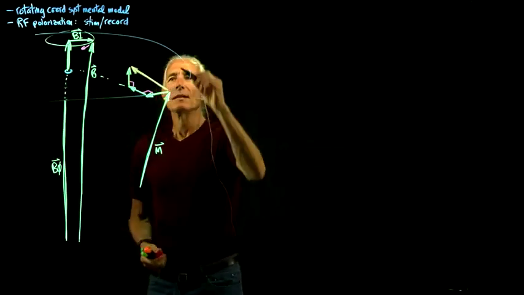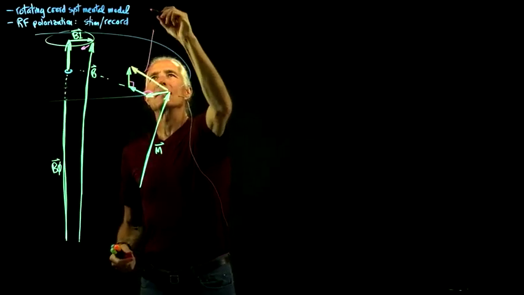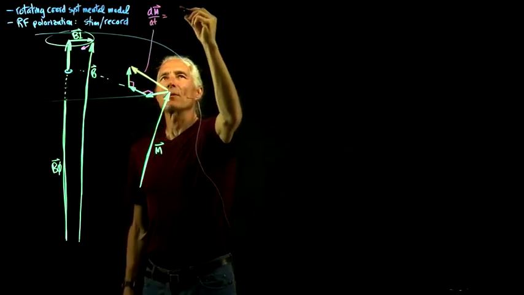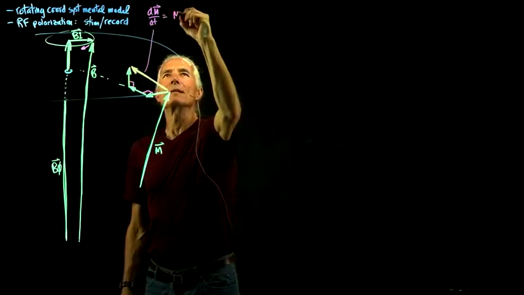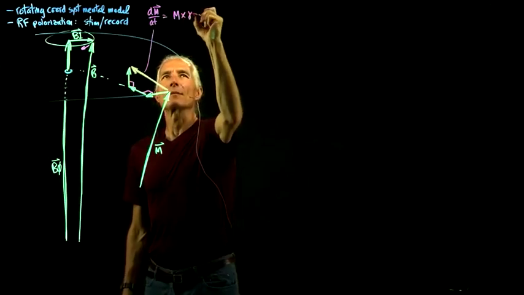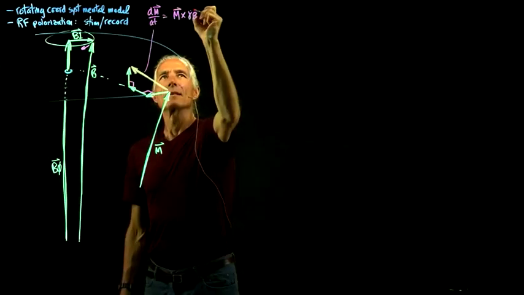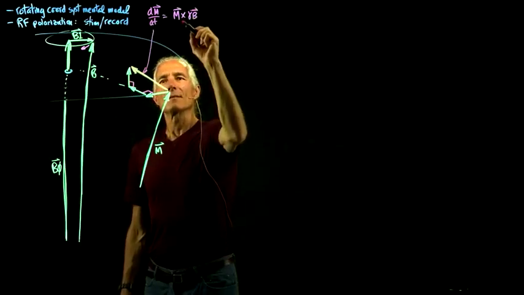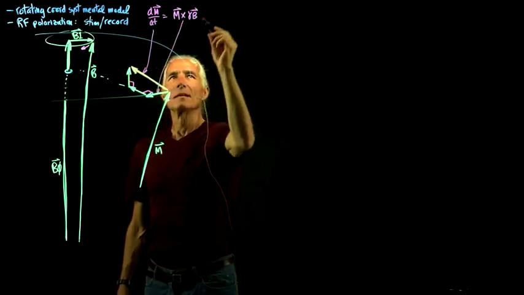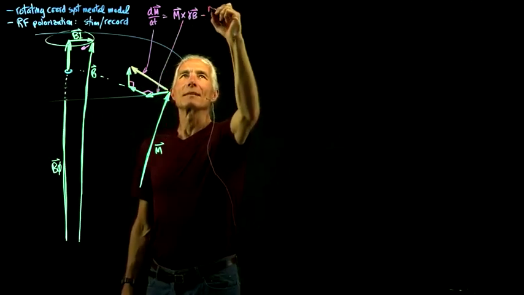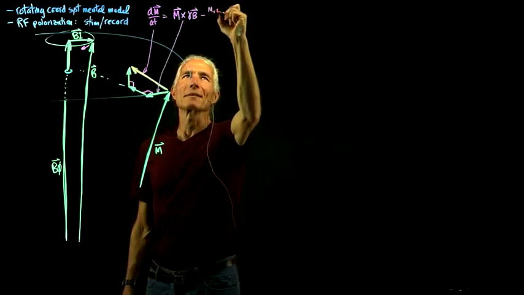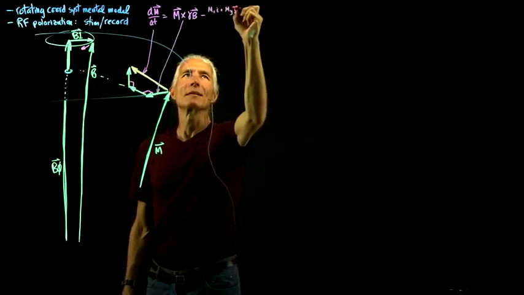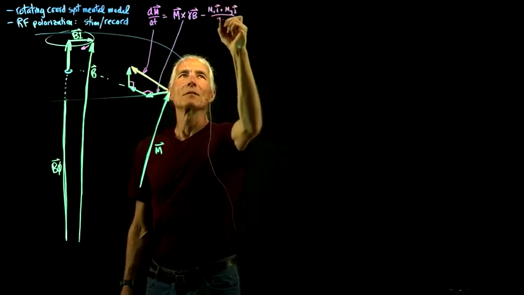And so this guy was the dM/dt, and that was broken up into the M cross product with the B, and that was this guy, and then minus the Mx i plus My j divided by T2.